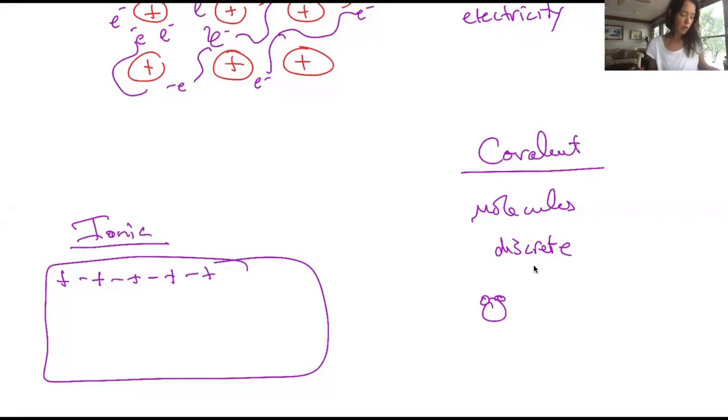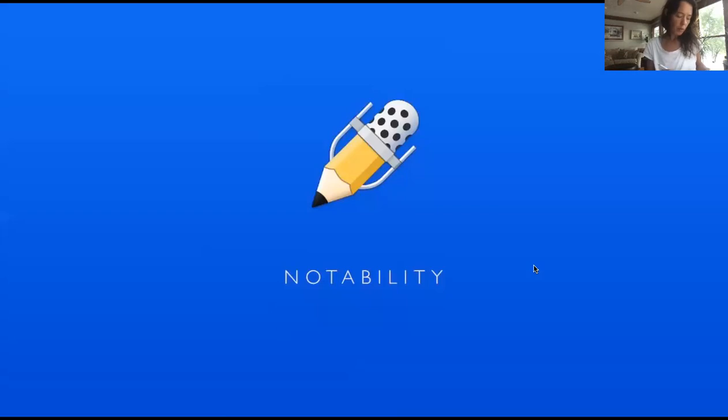Okay, I'm going to say that one more time. Valence shell, the outer energy shell, electron pair repulsion theory. Let me write that out for you once again: valence shell electron pair repulsion theory.